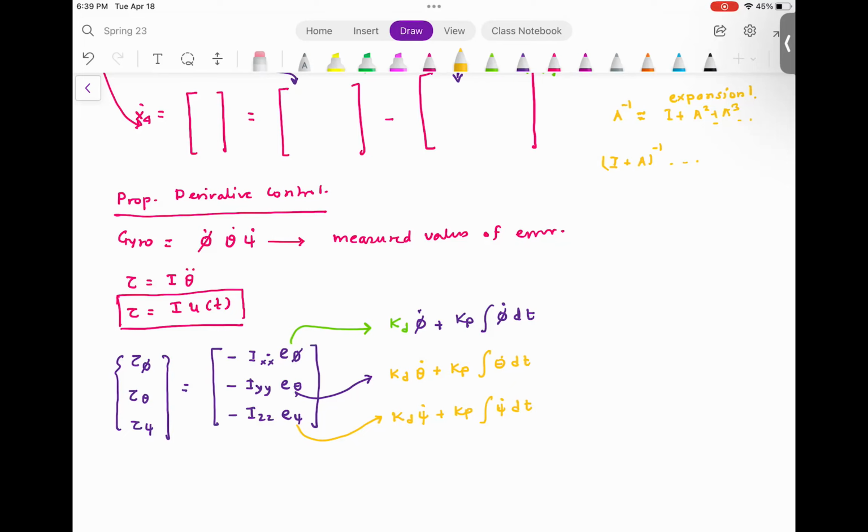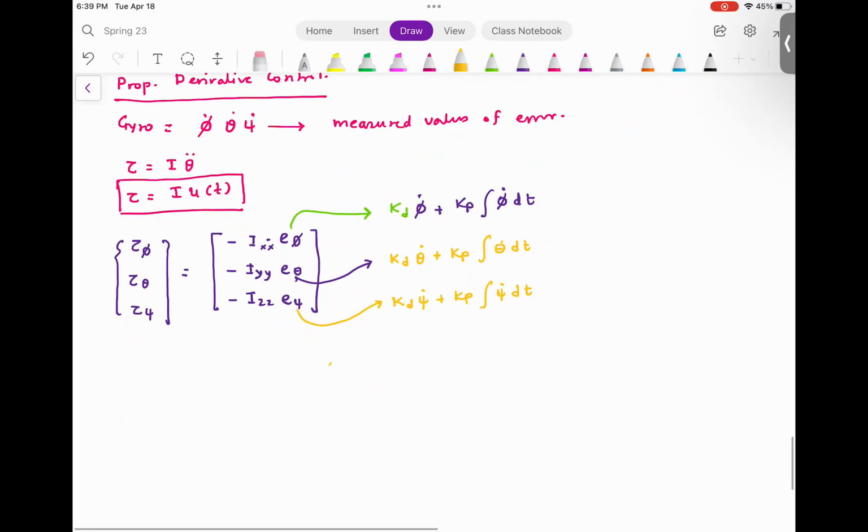In other words, from these stabilizing torque values, somehow I need to find out the PWMs for those motors that would stabilize. Everyone understood this?